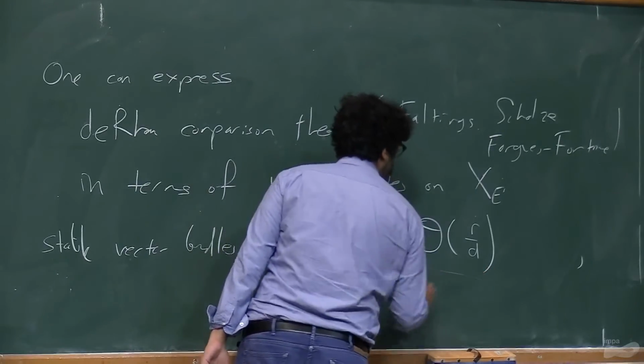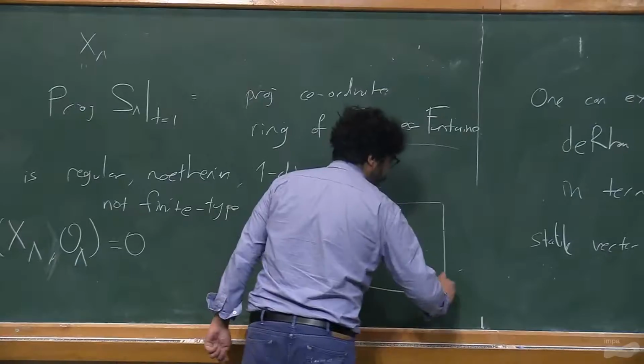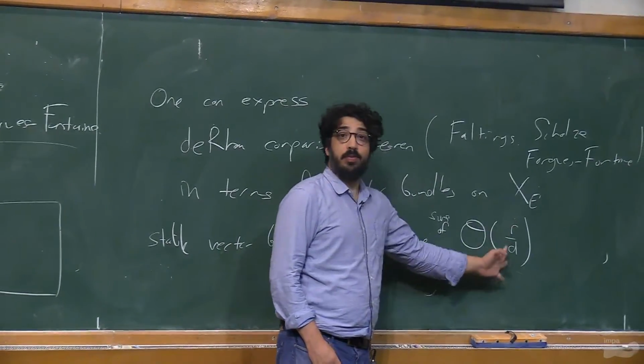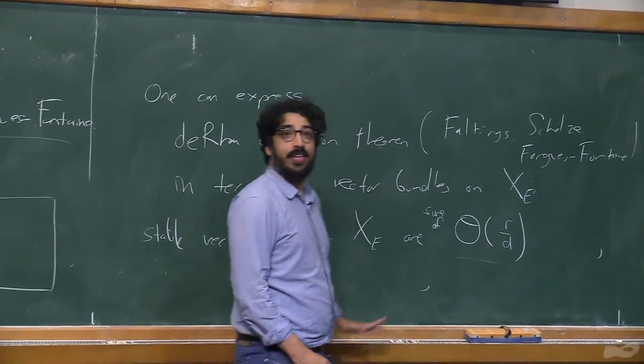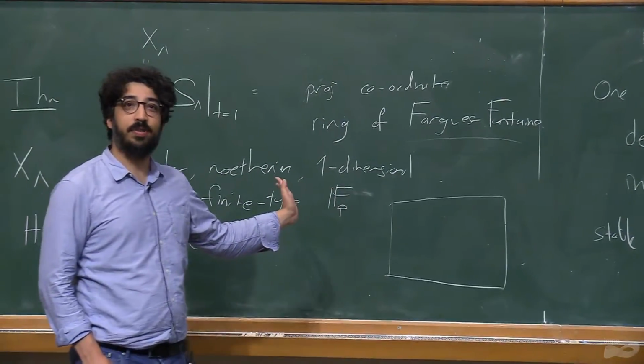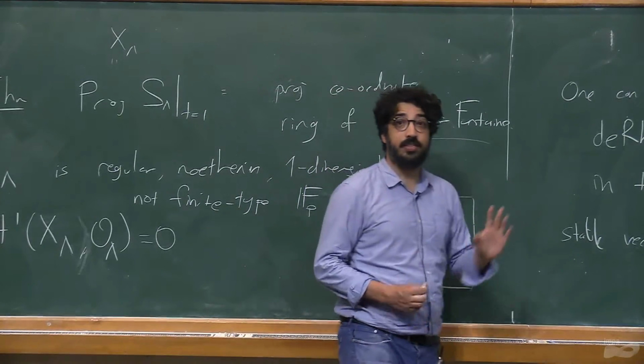So these objects are the analogs of O of n on P1, and mirror symmetry explains this very nicely, right? If you have something that's parameterized by rational numbers, you should think of Lagrangians, which are parameterized by rational numbers on the torus. So these are the mirrors to those.